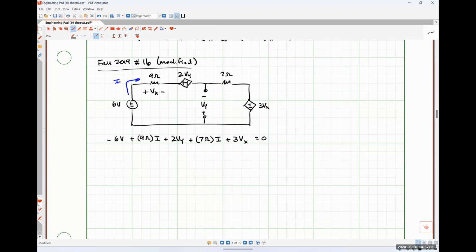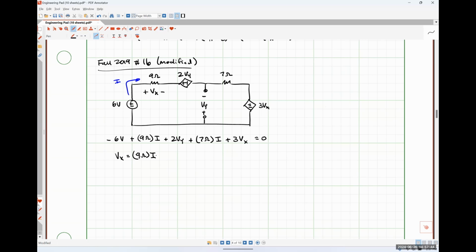So I currently have one equation and 3 unknown quantities. A very easy equation that I can come up with is just from Ohm's law, and I can say that Vx is simply 9 ohms times I.